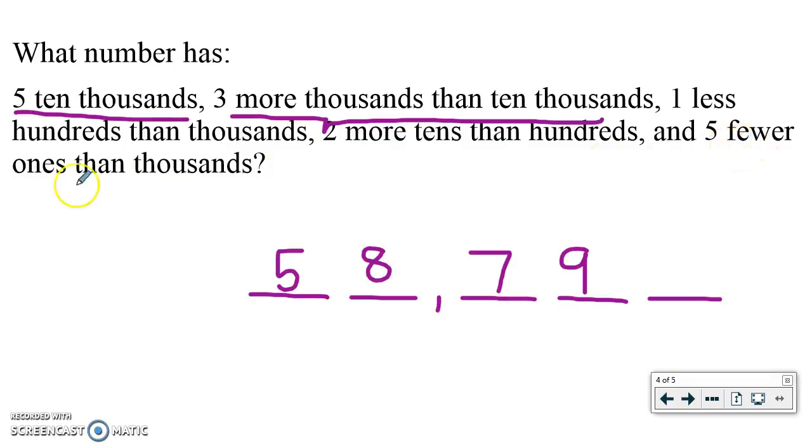Ooh, okay, so 5 fewer 1s than thousands. So 5 fewer than 8. So if 8 minus 5 would be 3. Awesome. Think it in your head or say it, whisper it to yourself. 58,793.